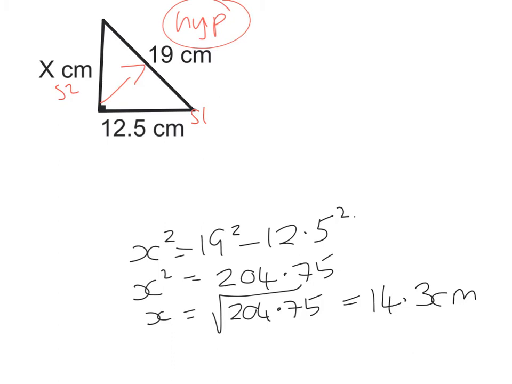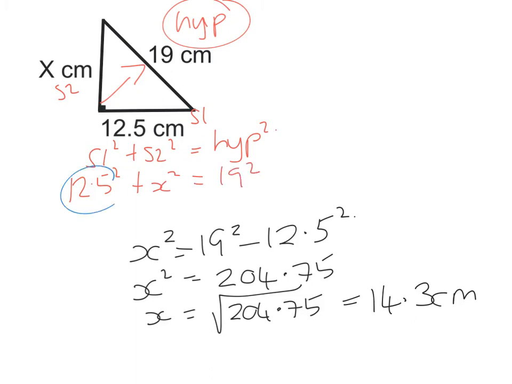I would have written out my Pythagoras' theorem. I would have had 12.5 squared plus x squared equals 19 squared, and then I would have brought the 12.5 to the other side. But as I said, if you can remember, the shorter version of finding the hypotenuse is where you square and add, and if you know the hypotenuse, you square and subtract. That's also okay.